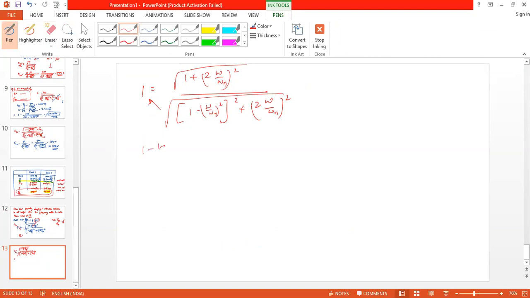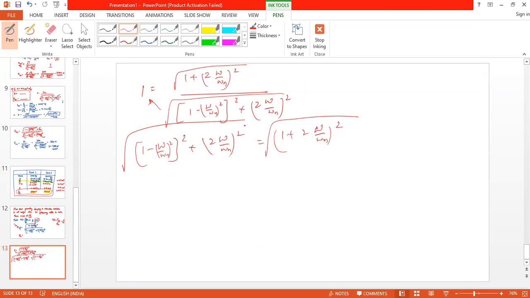That is, (1 minus (omega by omega n) whole square plus (2 omega by omega n) whole square), which is under the root, is equal to (1 plus (2 omega by omega n) whole square) under the root. Squaring on both sides will eliminate the root. So I'll get 1 minus (omega by omega n) whole square plus (2 omega by omega n) whole square equal to 1 plus (2 omega by omega n) whole square.